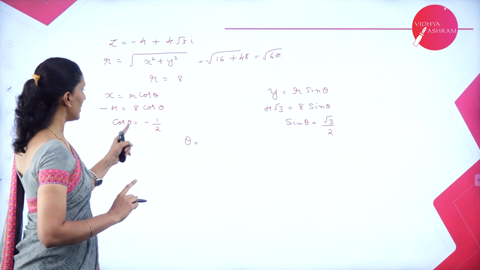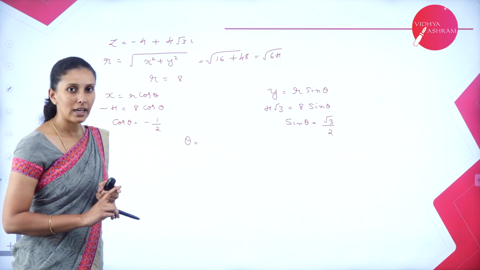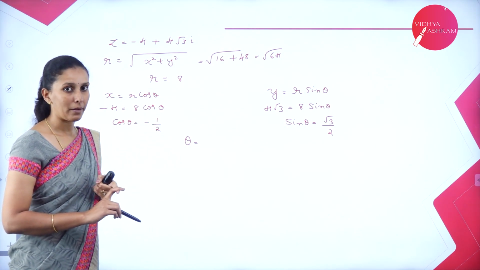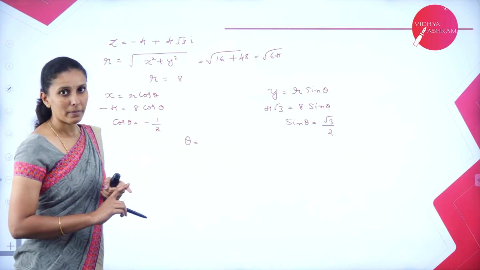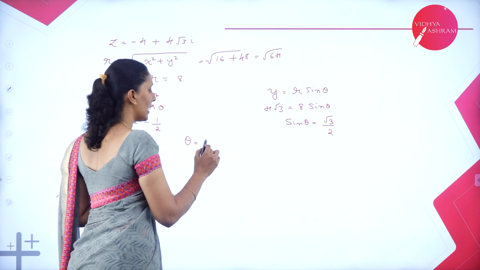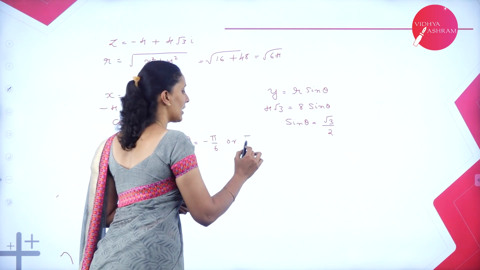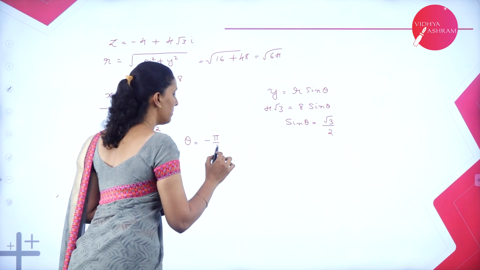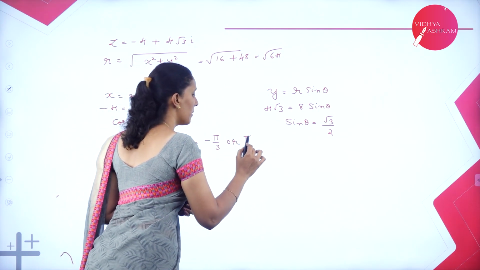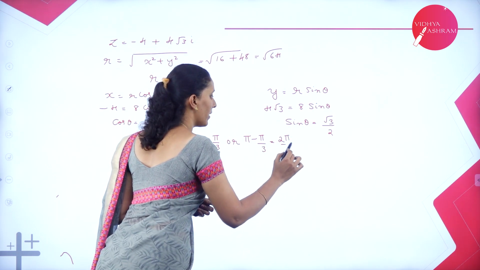But what is theta? We know that for cos, when it is half, then theta can take the value of pi by 3. Also sin pi by 3 or sin 60 degrees is root 3 by 2. Hence I can take theta as pi minus pi by 3, which is equal to 2 pi by 3.